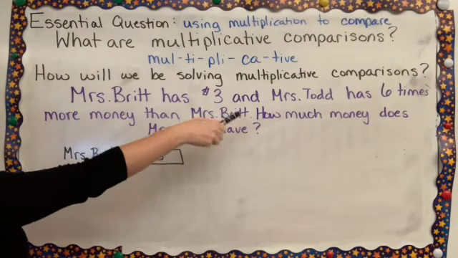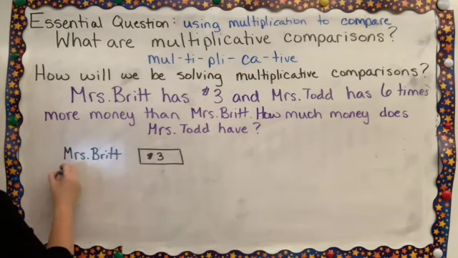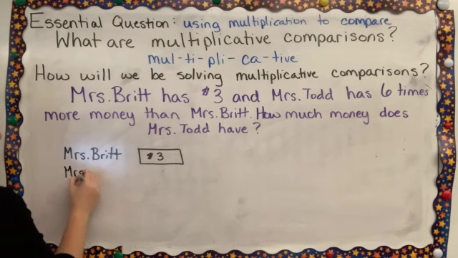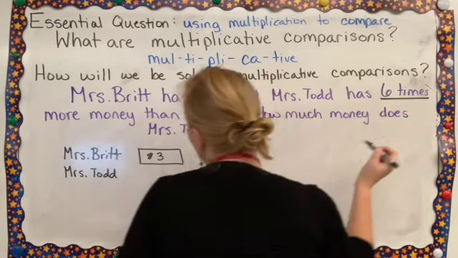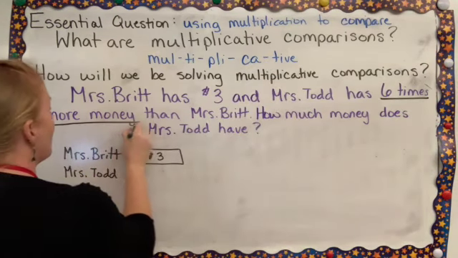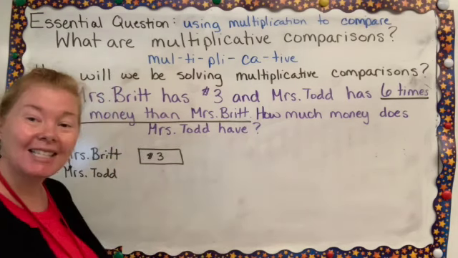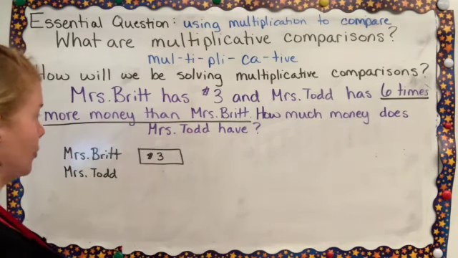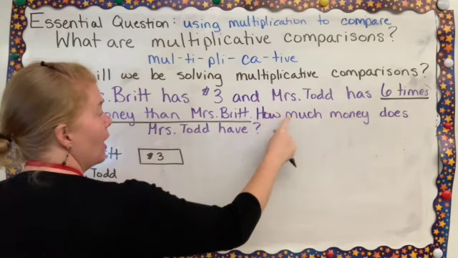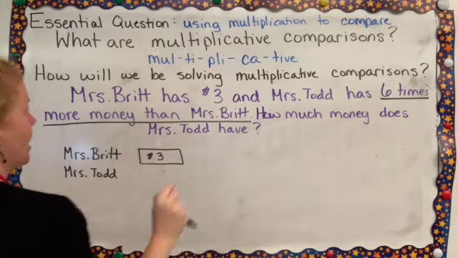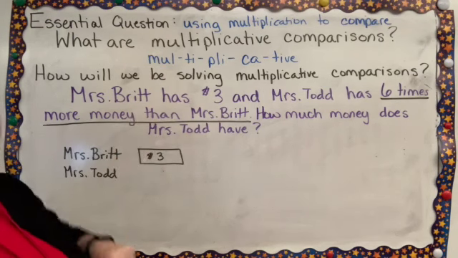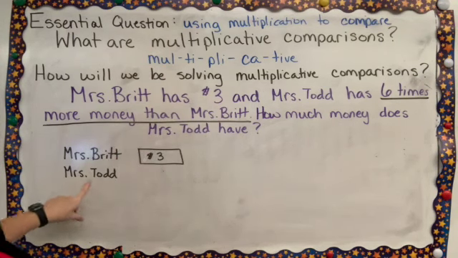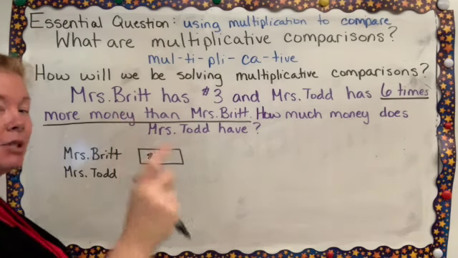Miss Todd has 6 times more money than Miss Britt. So she has 6 times more money than I do. I want to know, how much money does Miss Todd have? Well, I know how much Miss Britt has. Miss Britt has $3. But Miss Todd has 6 times more.